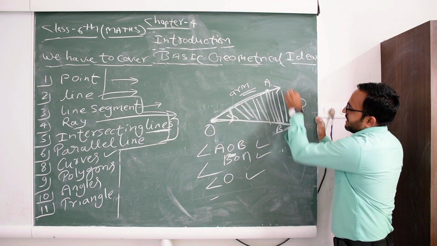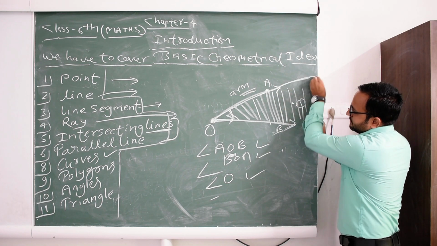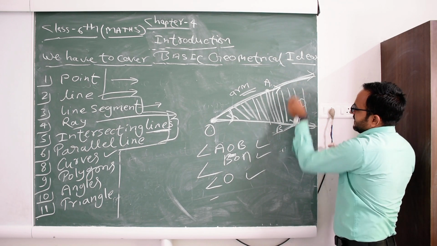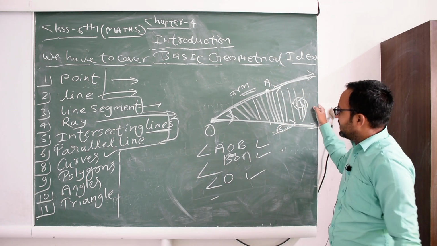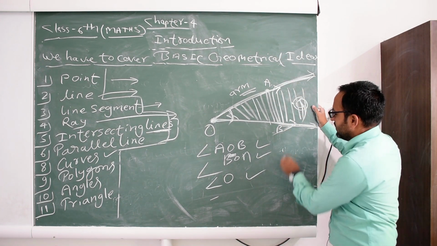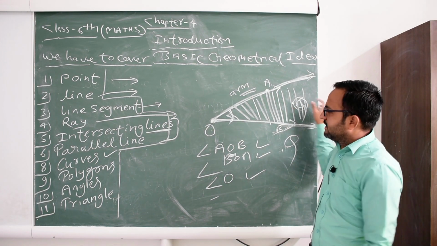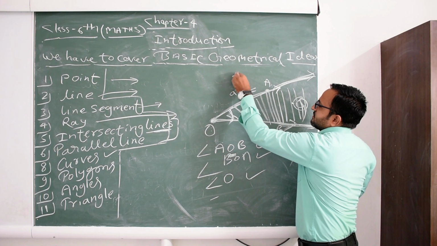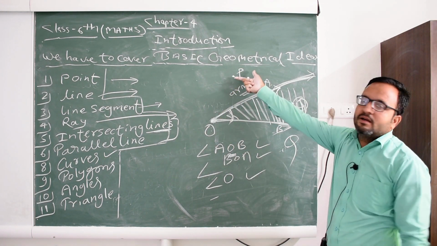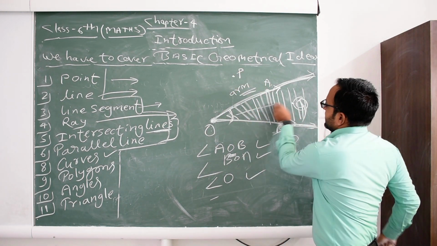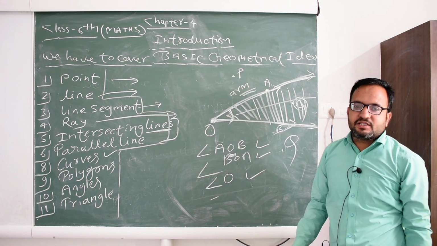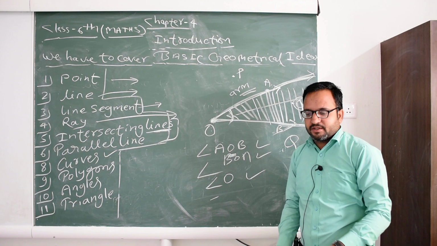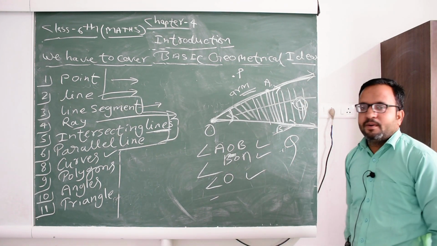Since a ray extends in a single direction, if we extend these, this point is in the interior. So Q is in the interior of this angle, and an exterior point we call P. P is exterior, because if we extend this, P is outside of this angle portion. So this is the concept of angles.